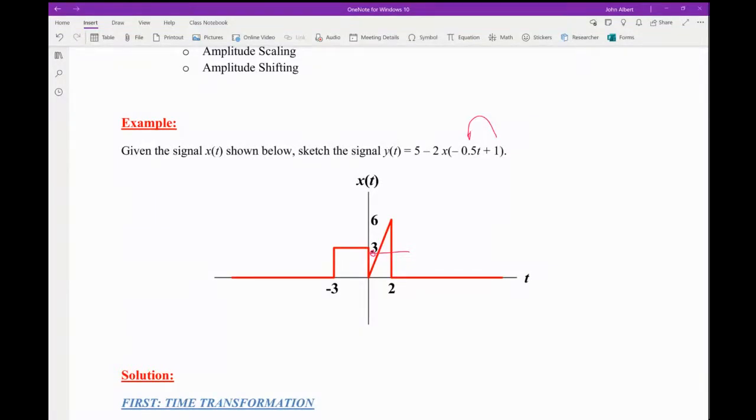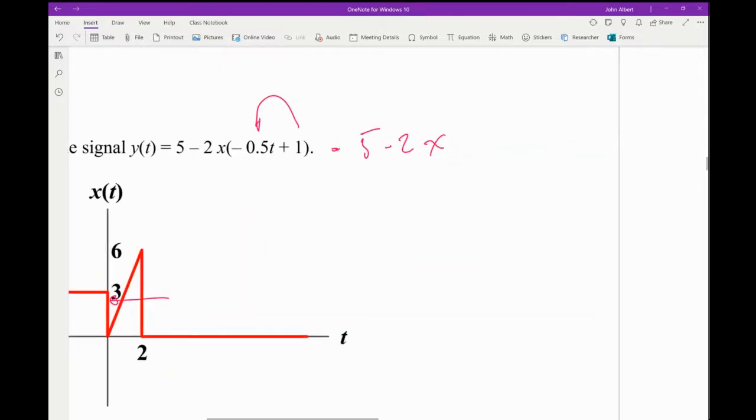Meaning you have to write this in a way like 5 minus 2x, and then take everything that is multiplying t as a common factor from everything inside. So I'll write in here minus 0.5, open brackets, and put in there t.